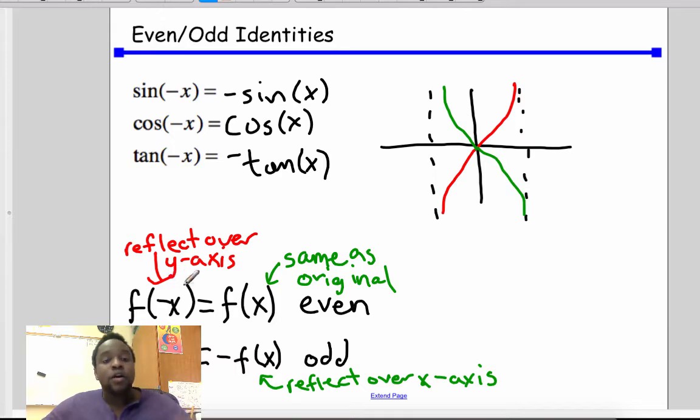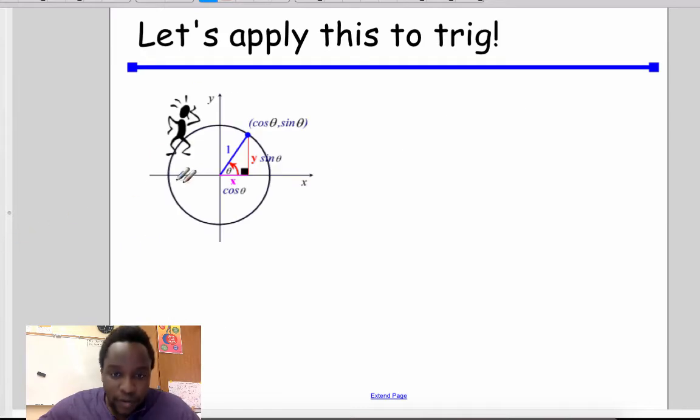All right, so we've had our reciprocal identities, we had our tangent and cotangent identities, we've had our even and odd identities. Now it's time to get into the Pythagorean identities. All right, so you know this circle, the unit circle. We have this right triangle within the unit circle, where the x value is cosine and the y value is sine, and the hypotenuse is 1.